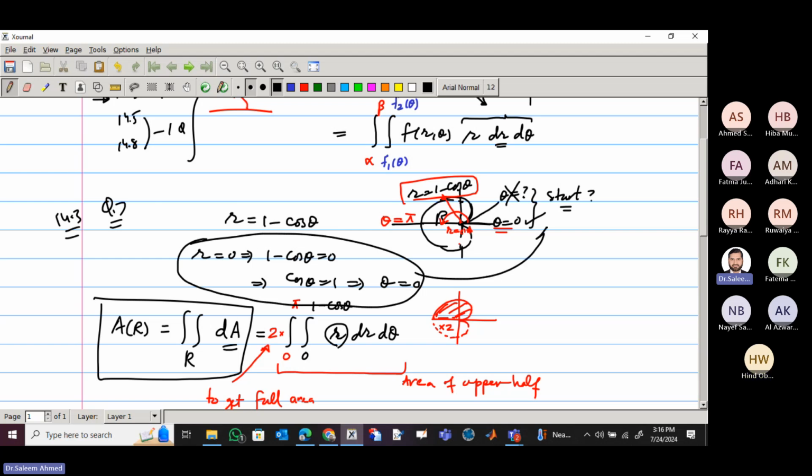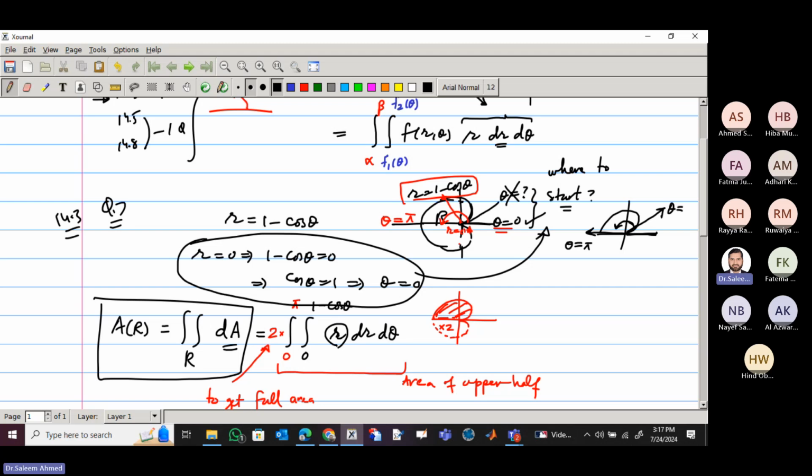To know where to start. Because I know where to stop. My coordinate is like this, so I know that theta is equal to pi. But I was not sure if maybe it starts from this angle, right? Maybe my angle starts from here, from this theta.